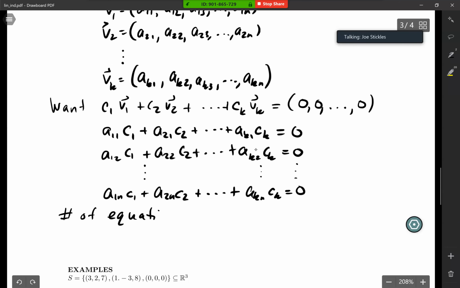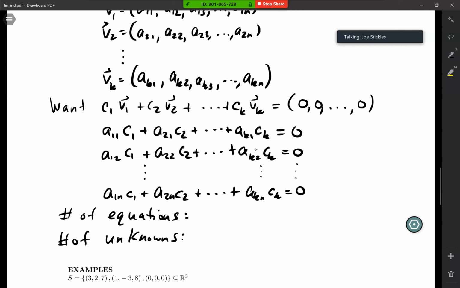Okay, so now let's look at the number of equations versus the number of unknowns. How many total equations do we have? n of them. And the unknowns are the C's.